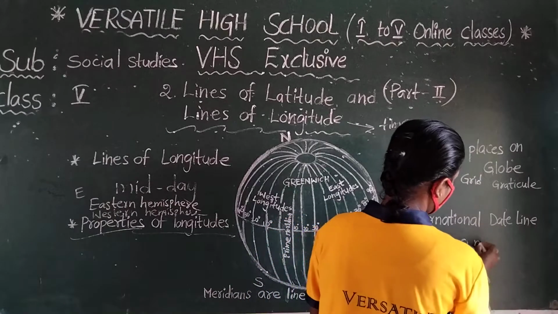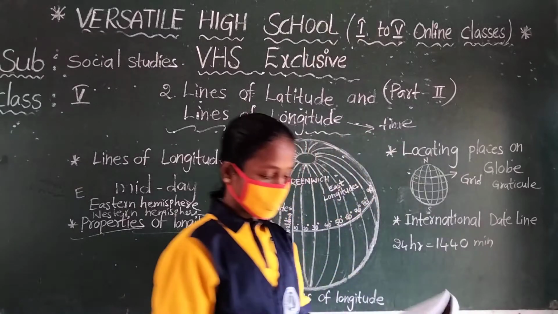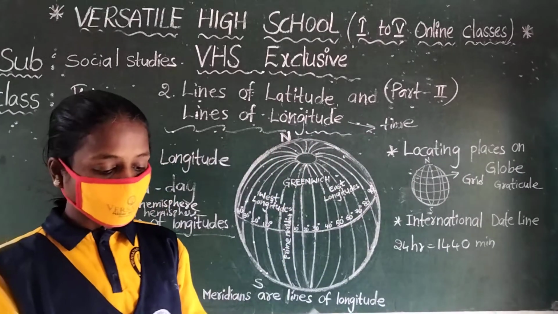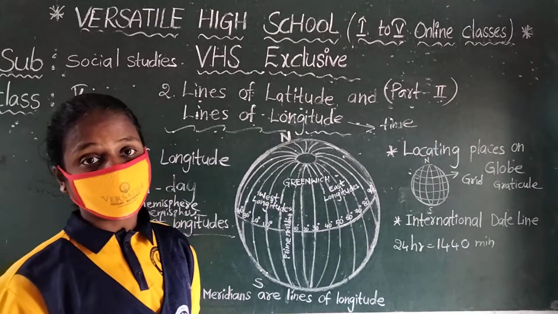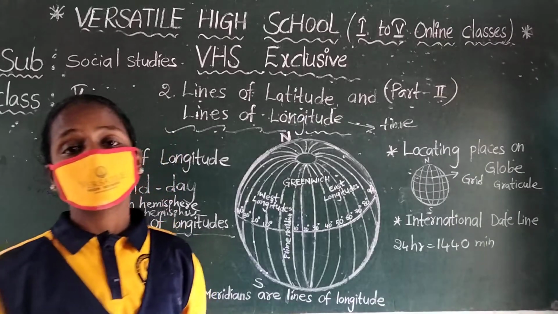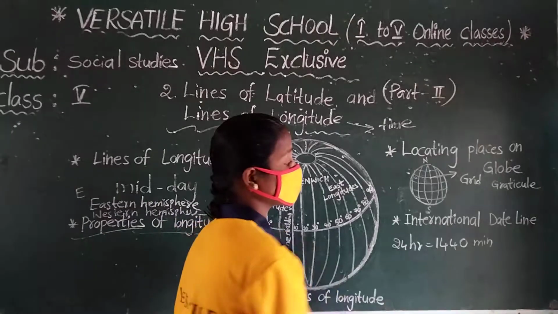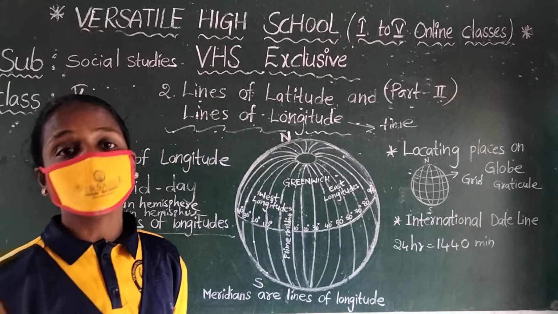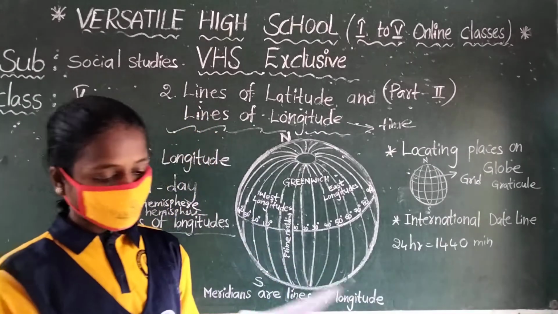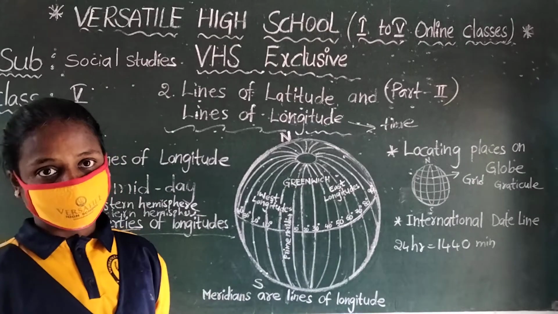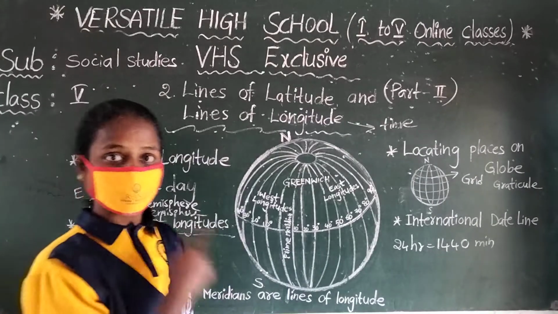24 hours are 1440 minutes. You know, children, the earth takes about 24 hours, or 1440 minutes, to go around and complete the rotation. Earth is rotating itself only.